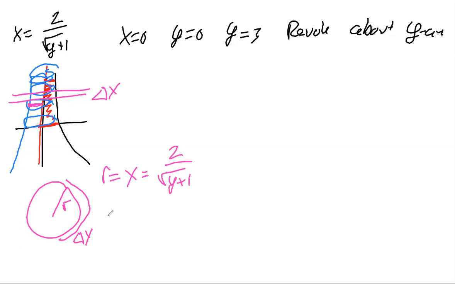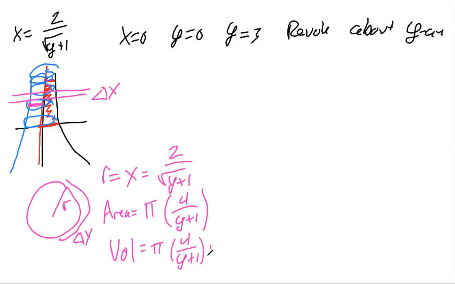That's our radius. Our area is pi r squared, so pi times x squared, which would be this squared. So we square this, we have 4 over y plus 1. That's our area. Our volume is that times our little delta y. So we have pi times 4 over y plus 1 delta y.